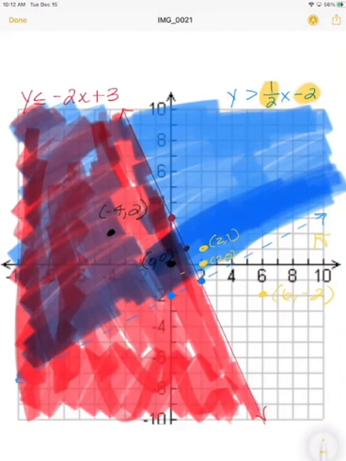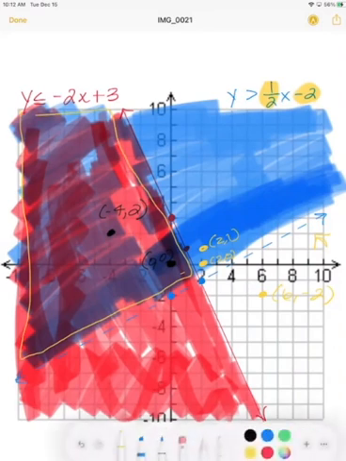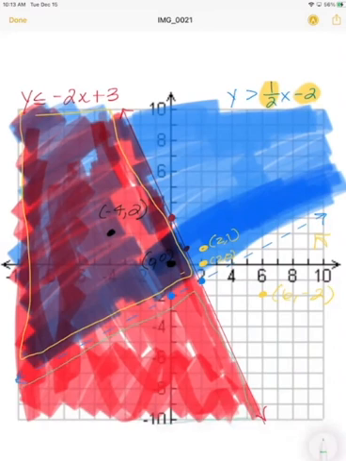So when you're graphing a system of inequalities, you have to make sure that you shade correctly. And this overlapping shaded area that looks like it's about right here, these are the solutions for both inequalities. This red area right here are only solutions for the red line, and this blue area are only solutions for the blue line.